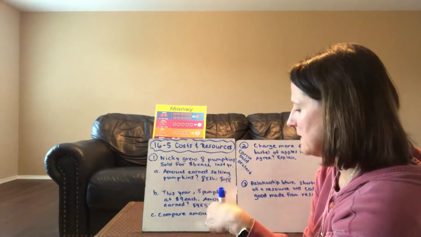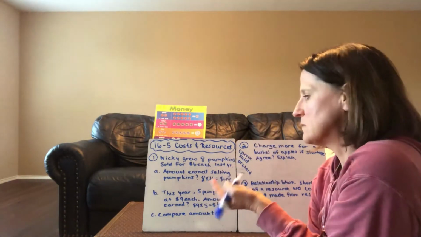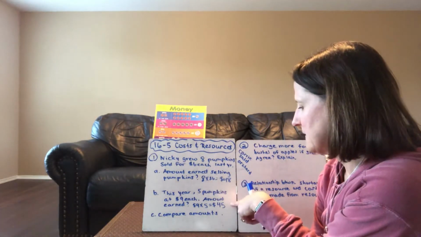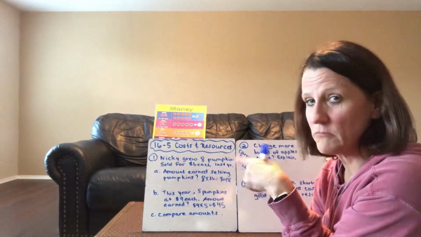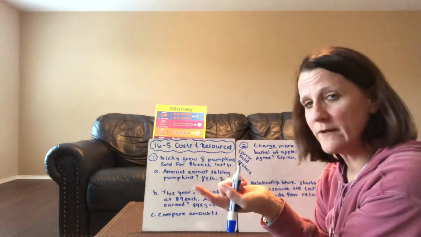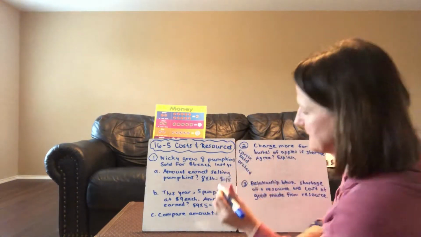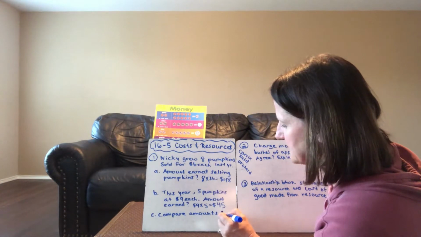So then letter C wants us to compare the amounts, to see how much more they made one year than the other. So last year was 48, this year was 45. Which was greater? Last year or this year? Right, last year. Now how are we gonna find out how much more? What are we gonna do? Yep, we're gonna subtract. So remember, when you subtract, you always put the bigger number on top.